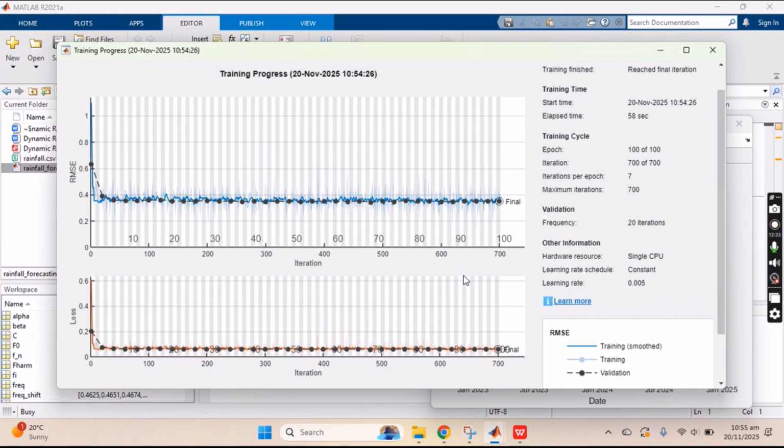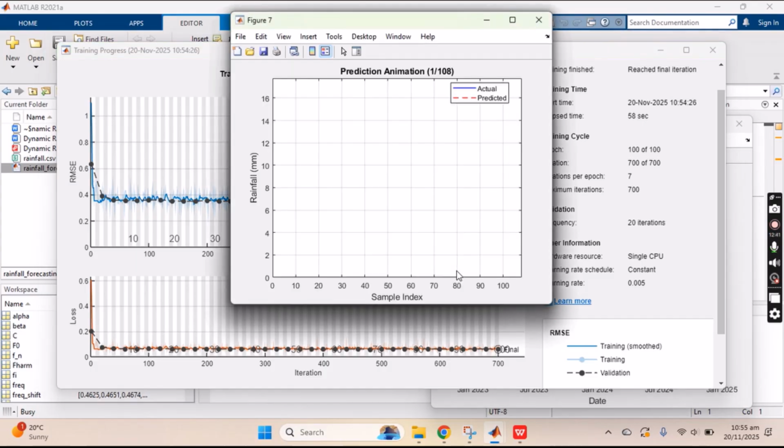So these are the final output results for the training progress of the dataset accordingly.